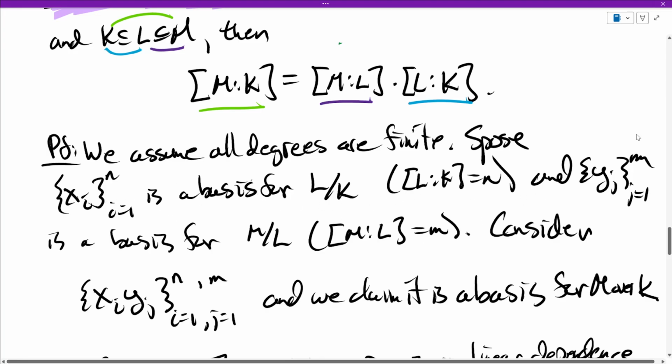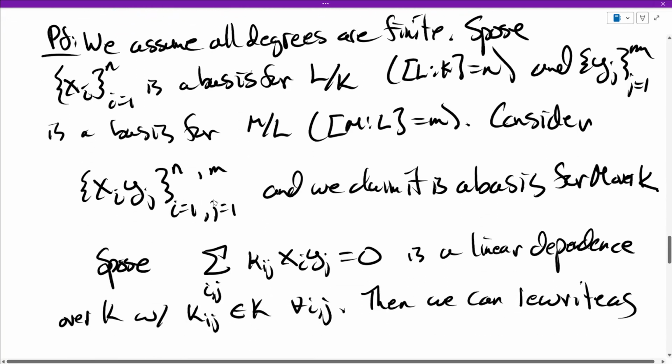Then we also took a basis for the second extension in the tower. So L over K and then M over L. And then we multiplied them. And in the example that we did, it was obvious that it was a basis because we could see it. But in this case, it's not so clear, so we actually had to go through the work. But the heart of the proof is knowing to multiply them. And after that, it's just some computation.